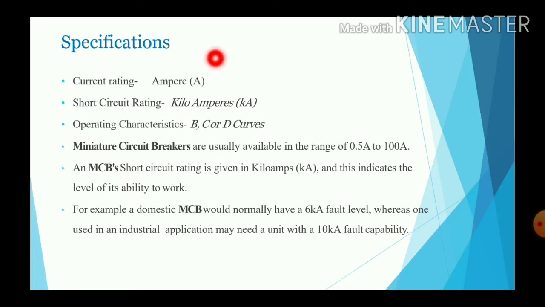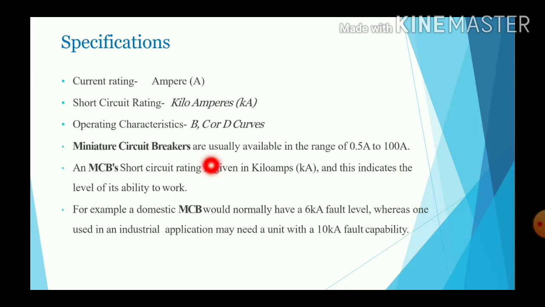The specifications of MCB are its current rating, expressed in ampere, its short circuit rating, expressed in kilo ampere, and its operating characteristics: B curve, C curve or D curve. The miniature circuit breakers are usually available in the range of 0.5 ampere to 100 ampere.